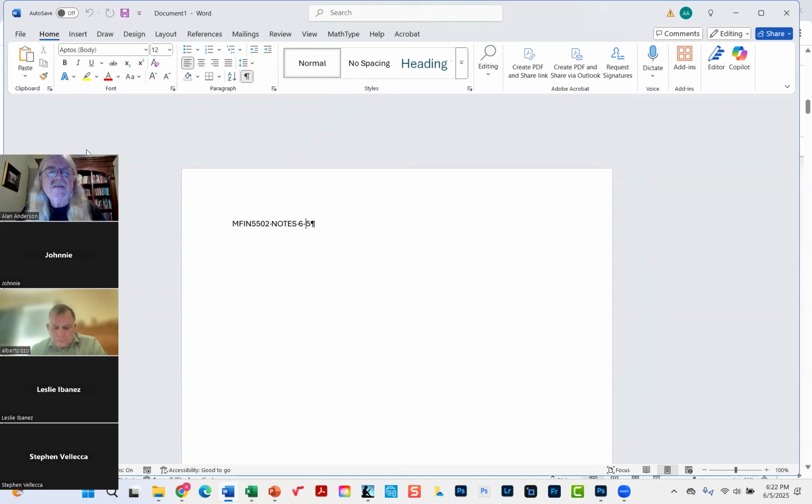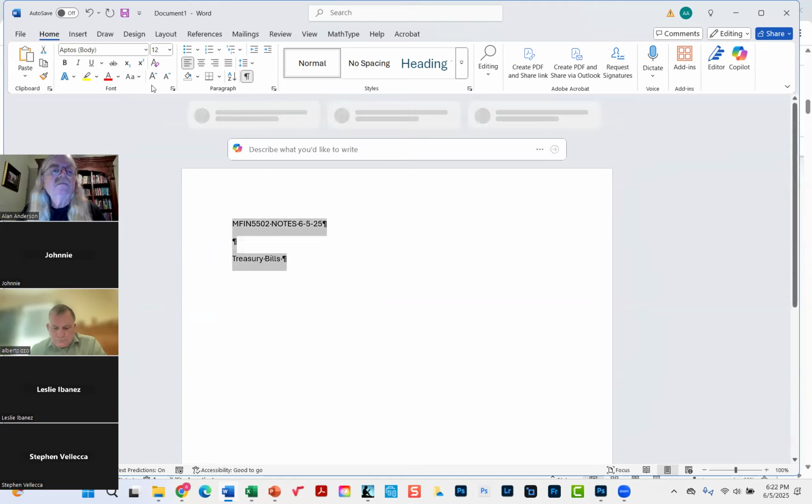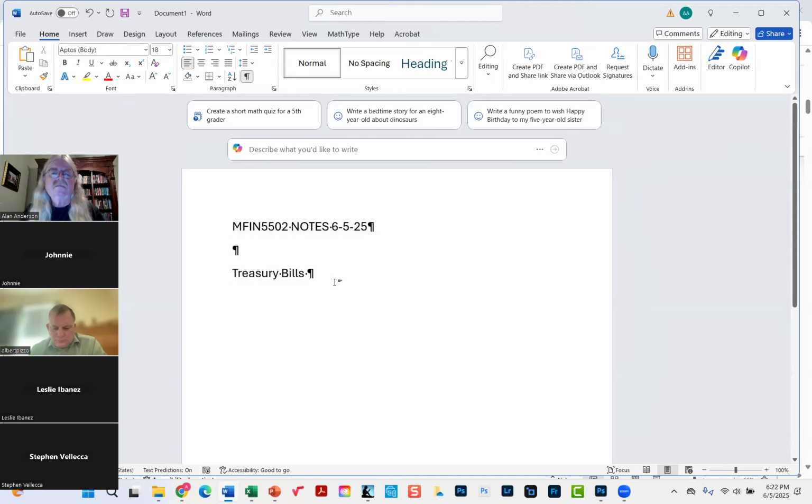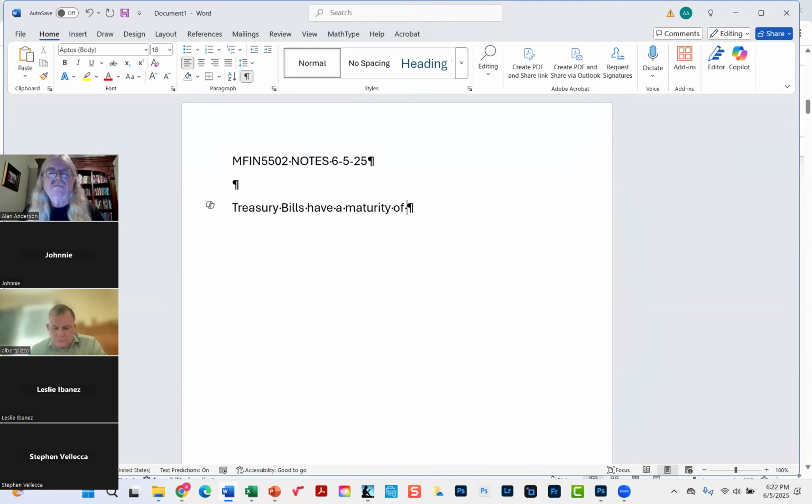What's today, the 5th? Okay, so as we saw earlier, Treasury bills are sold or have a maturity of up to a year. And the other two, as we've already seen, Treasury notes have a maturity of 2 to 10 years.